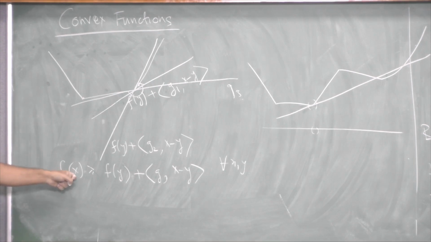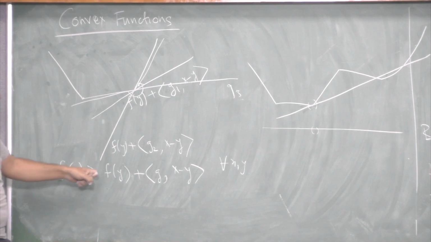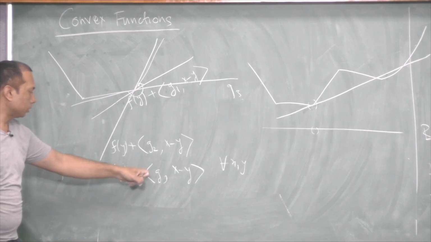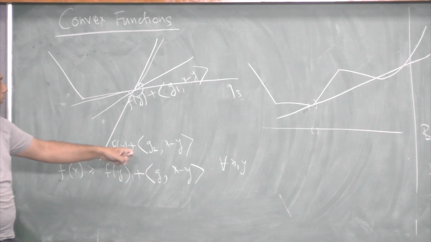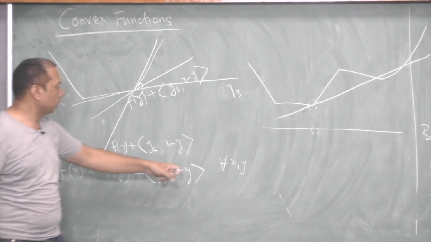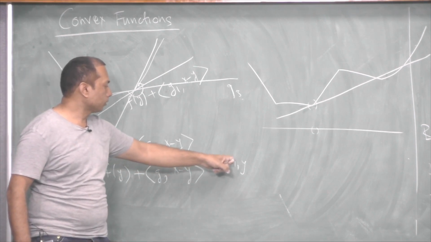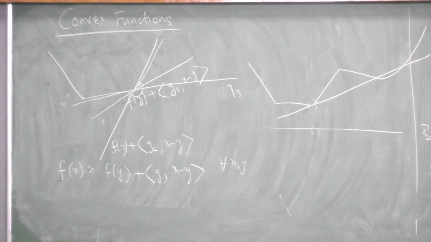That's what it means: f(x) is greater than or equal to f(y) plus g (x minus y). This f(x) is the function value, and this is the value on the line passing through f(y), and this is true for all x and y.